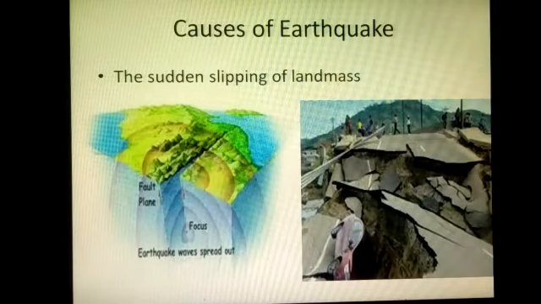Sometimes the surface of the earth itself cracks. Another cause of earthquakes is volcanic eruption. A violent or explosive eruption often causes the earth in its vicinity to shake. Earthquakes are often common in most volcanic areas.